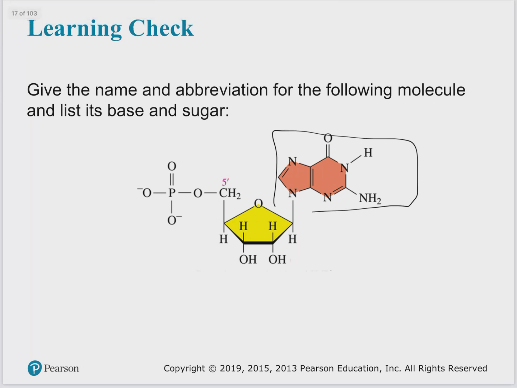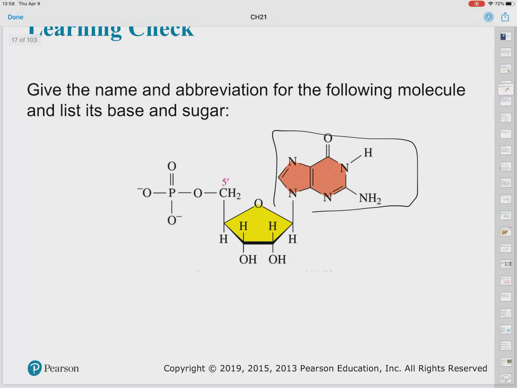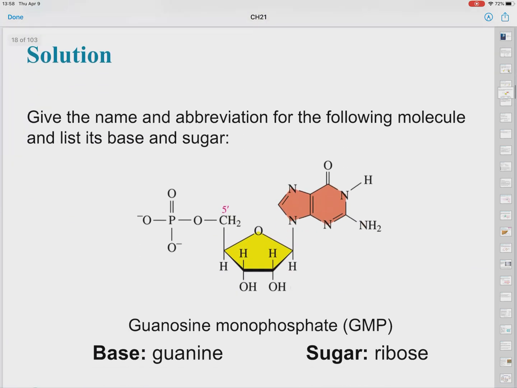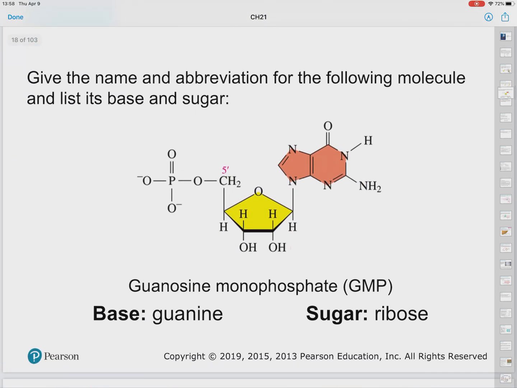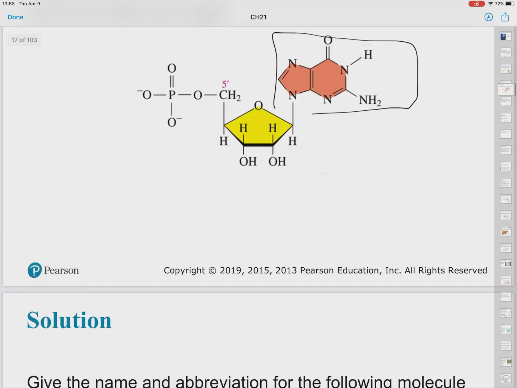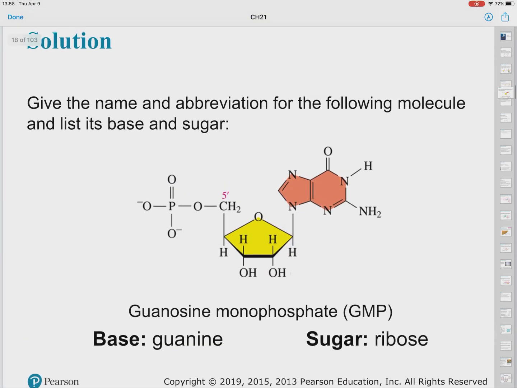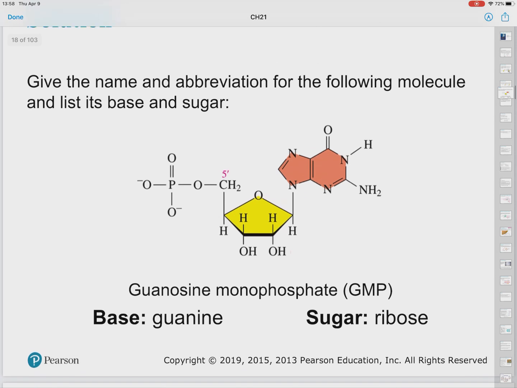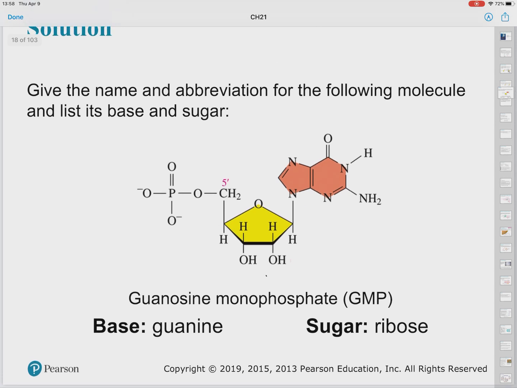So in one world, you might have had to look at that and know that this is a purine, and then know if this was adenine or guanine, but not now. You should be able to look at this, though, and know if this is RNA or DNA. There's your clue right there.